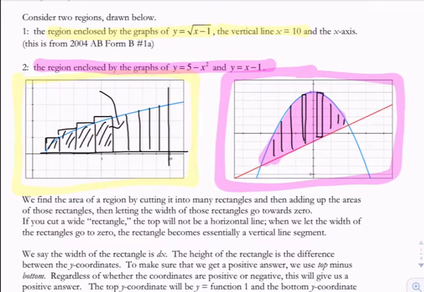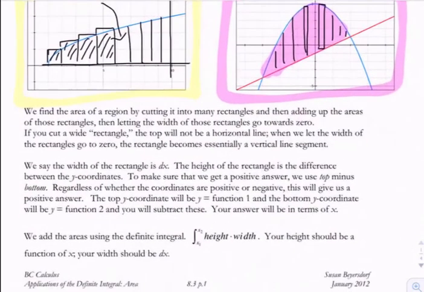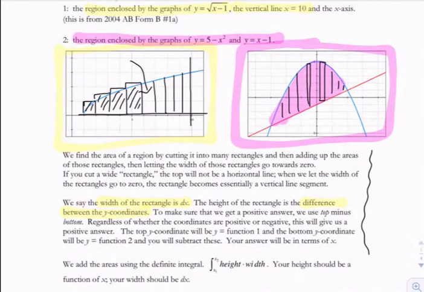So you have to pay a little more attention with this second example. The idea, and this is all written here, is again that we're finding the area of the rectangle. The width of the rectangle is going to be dx, and the height of the rectangle is going to be the difference between the y coordinates. So for example, if we're looking at this rectangle here, the height is this distance here.